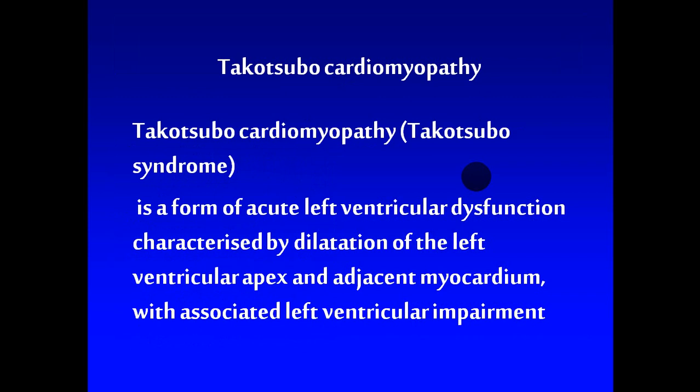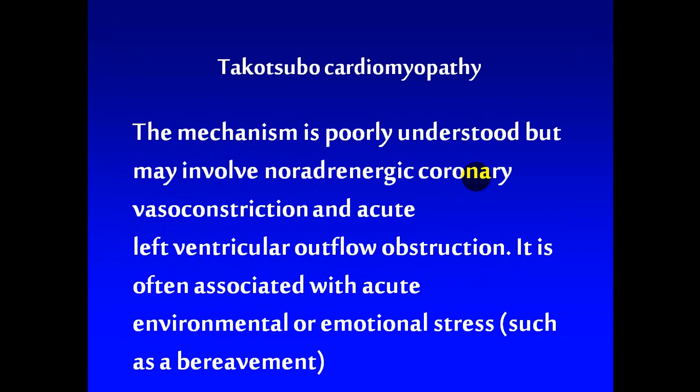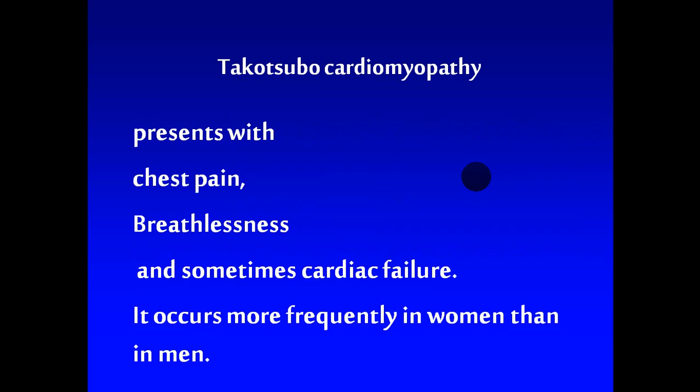The mechanism is poorly understood, but may involve noradrenergic coronary vasoconstriction and acute left ventricular outflow obstruction. It is often associated with acute environmental or emotional stress or crisis, like loss of a close person or an earthquake and so on.